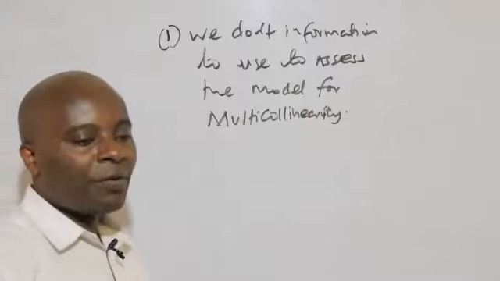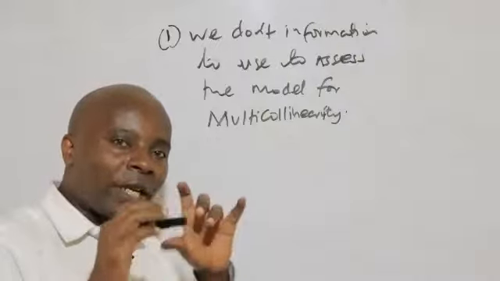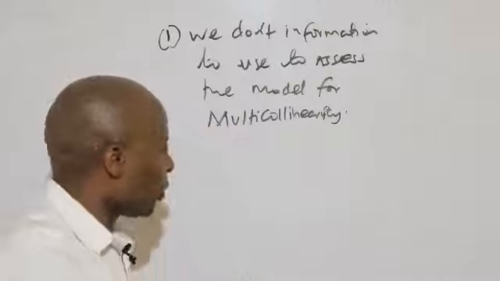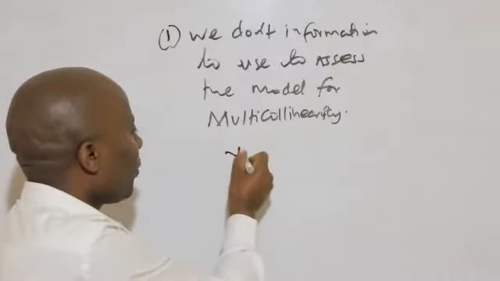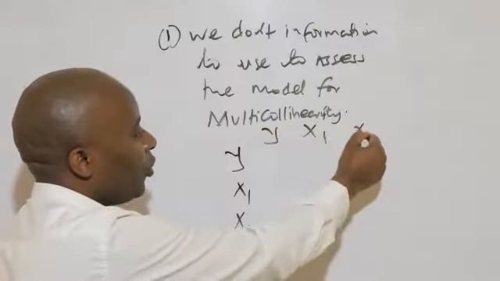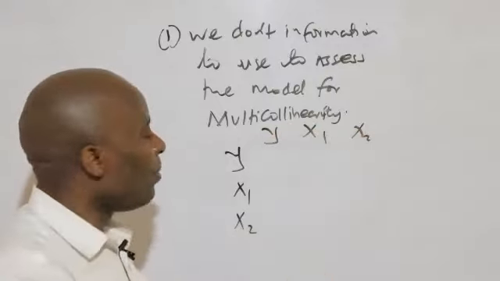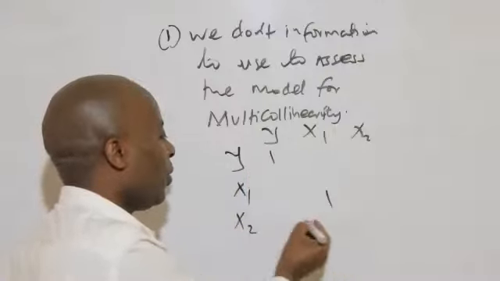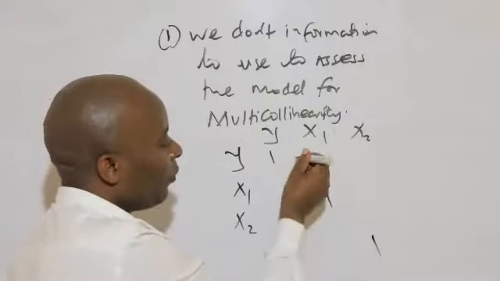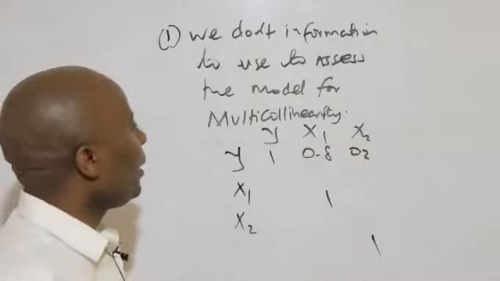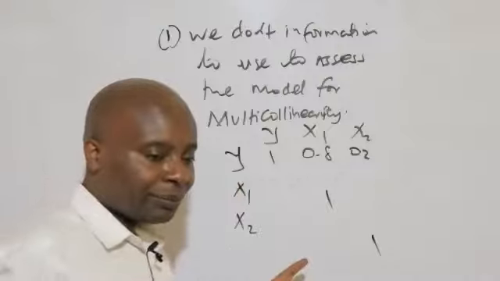So we don't have, ladies and gentlemen, what we call the correlation matrix, which we should be able to use. You see, we have y, x1, x2, like that. So remember, here they should come and give us values. Here we have 1, 100%. And then, for example, we have like 0.8, whatever. Ladies and gentlemen, this multicollinearity is a bad thing.